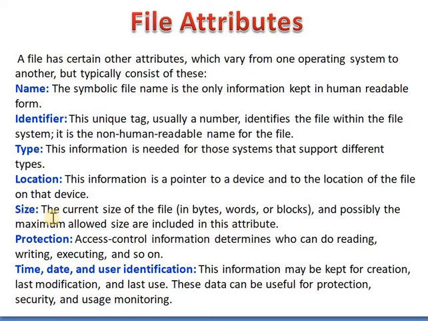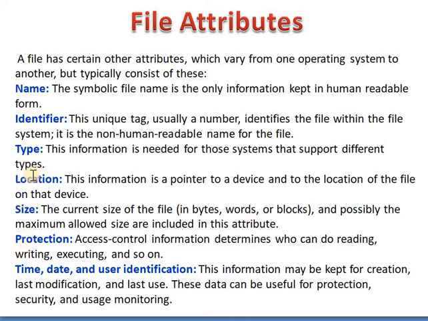The size attribute of a file defines the total current size of the file, for example in byte format, word format or block format. Whenever you right click on any file and see the properties, at that time you get all of these attributes.